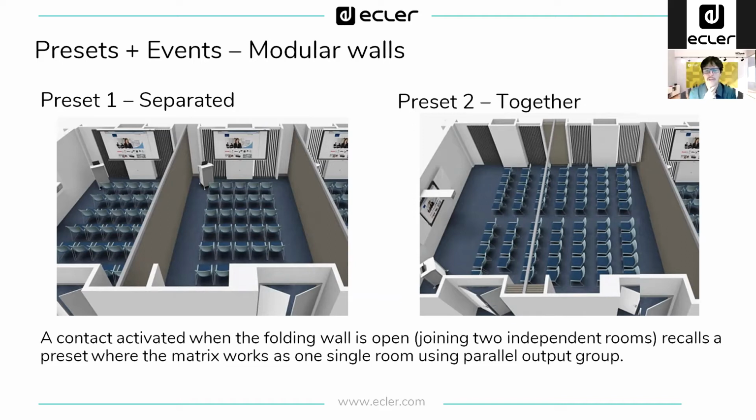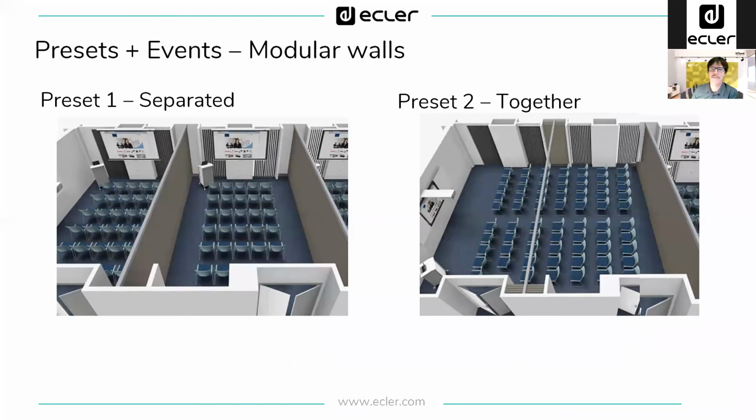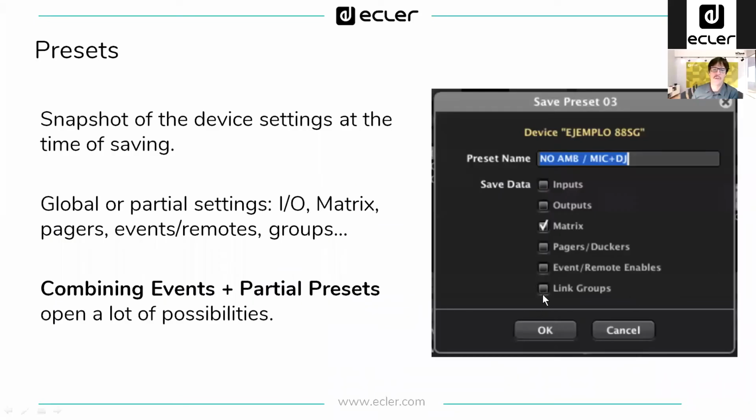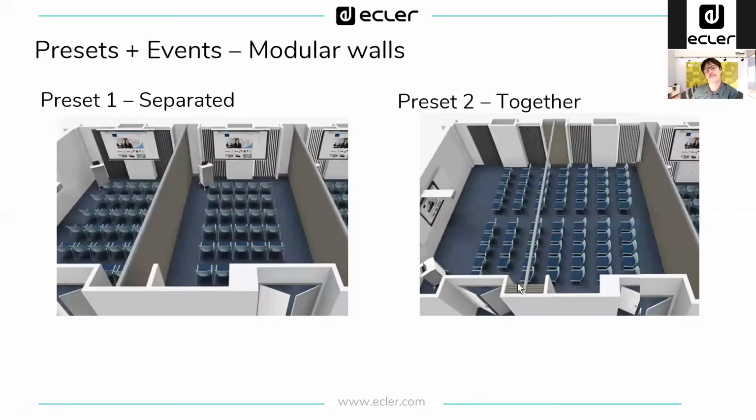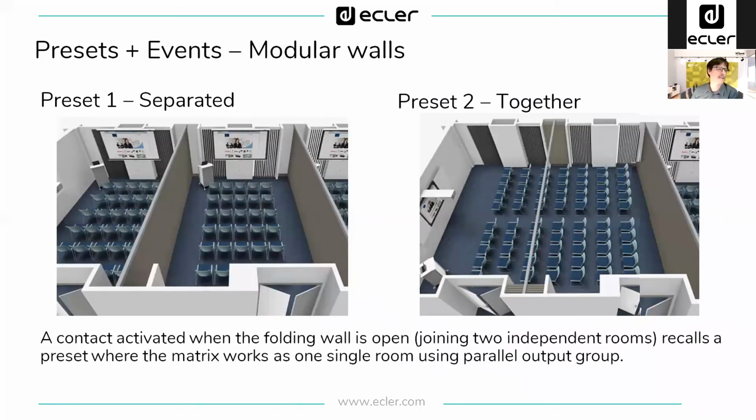So you can make two presets, one with the link groups activated and one with the link groups disabled. Here we have the link groups option, and you will store two presets with this option active and maybe not the other ones.